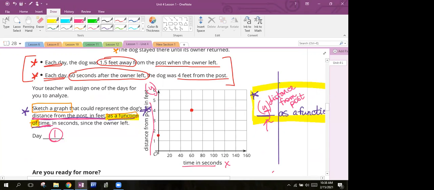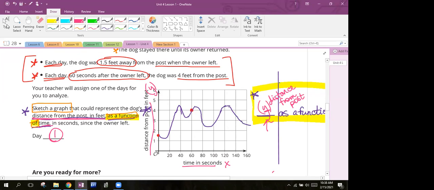The owner took off, the dog's walking around. Time's moving forward, we're getting further from the post. We're going to kind of get closer to the post. Oh, but we have to go through my point. The dog's walking around, time's passing, he's just kind of walking.